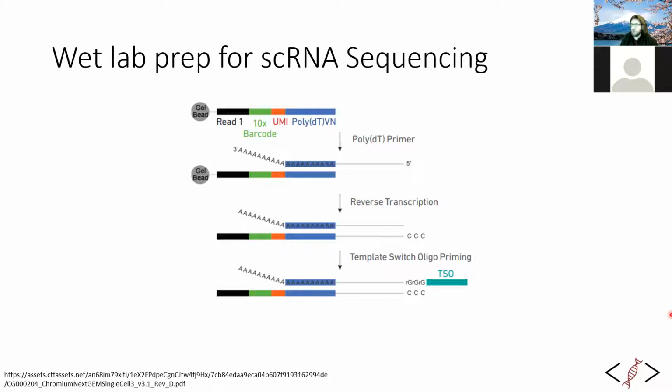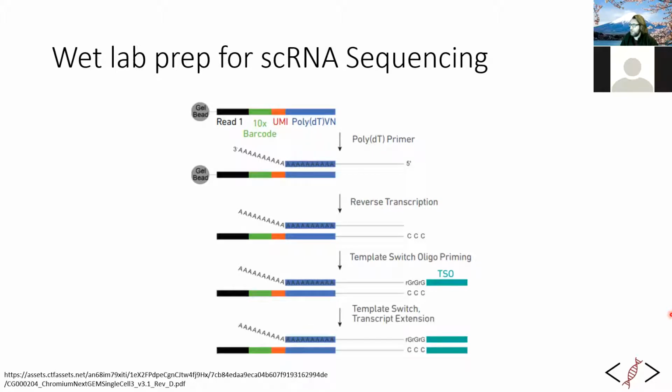But for right now, just know that these are the basic first approaches you're going to take. The last part here is to extend the template switch, and now you have what is essentially a mature cDNA that you can then take and go forward with library prep on.